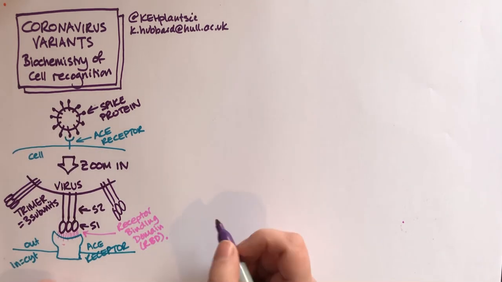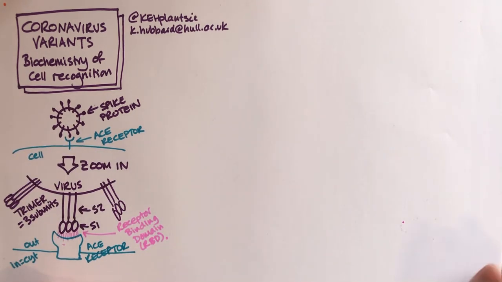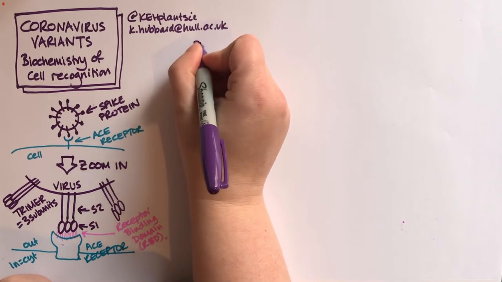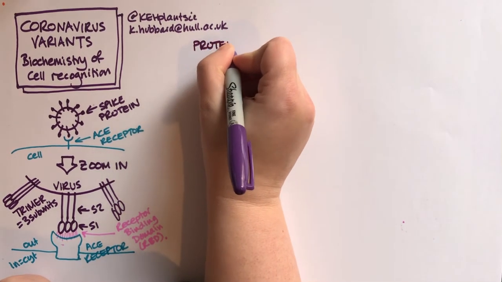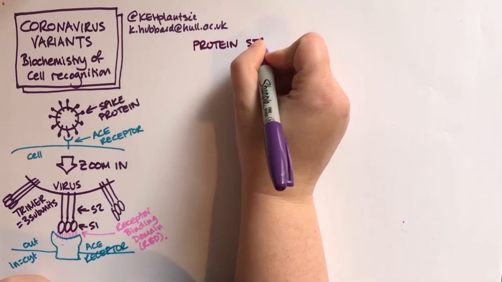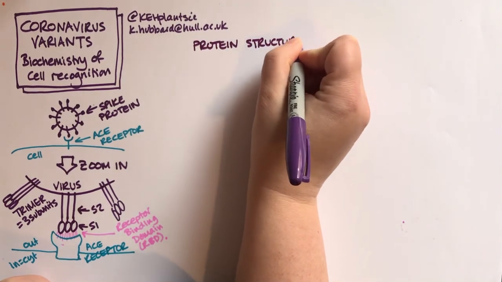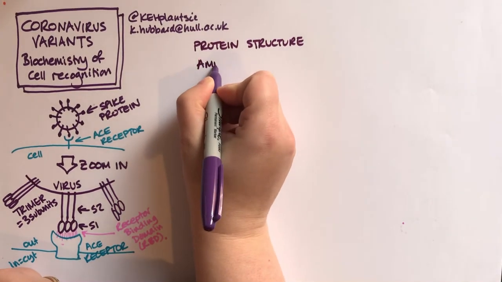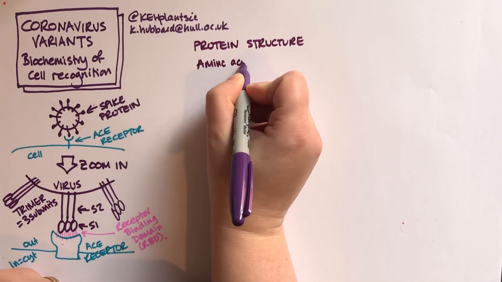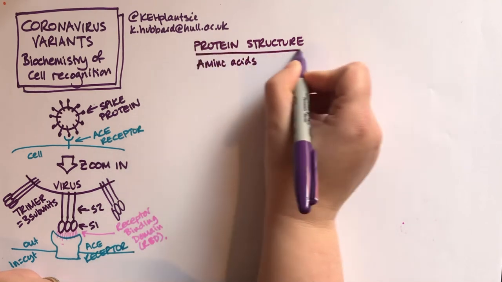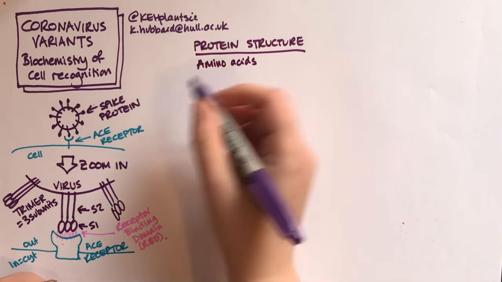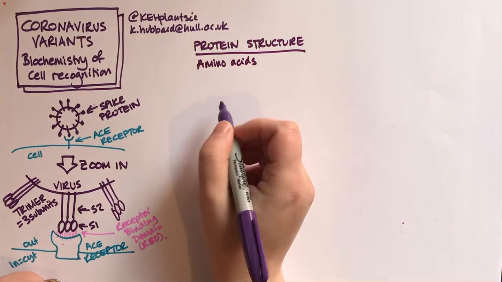So in order to do this, we need to understand a little bit about protein structure. So what is a protein and how are they put together? So proteins are built of amino acids. So these are small chemicals that are really important for you. So you get these from when you consume protein in your diet, for example.